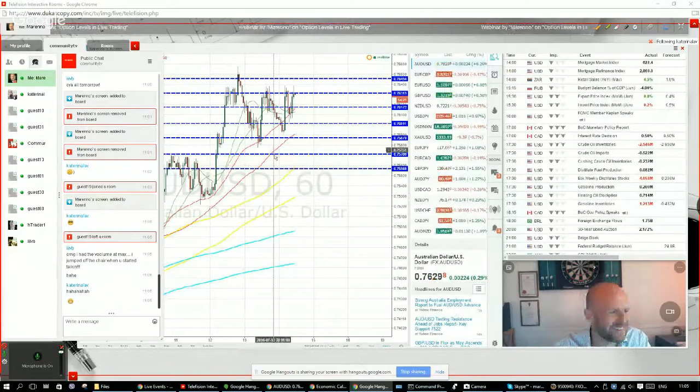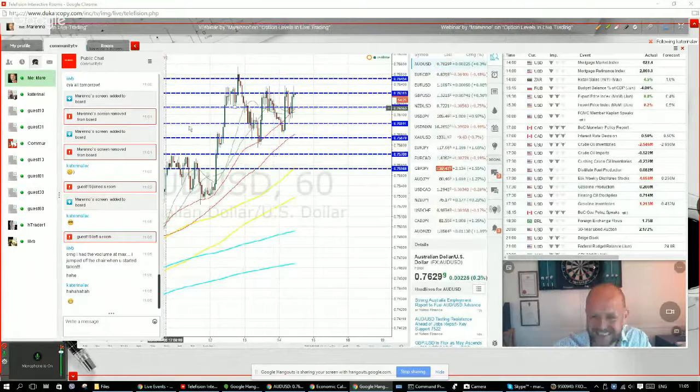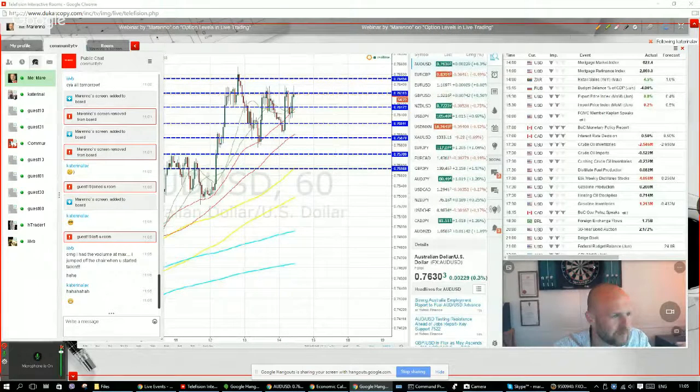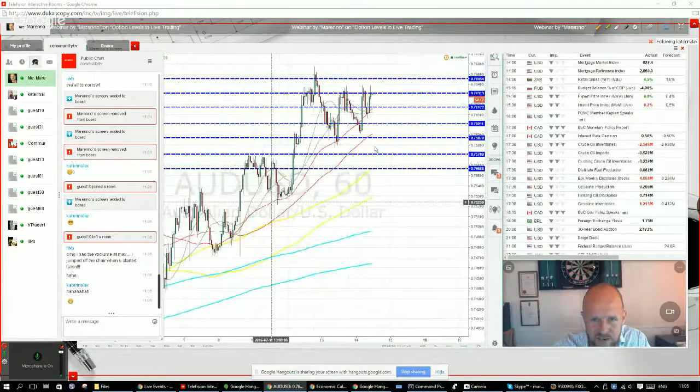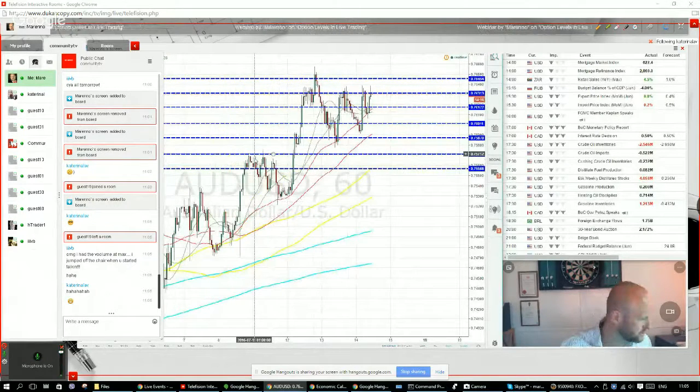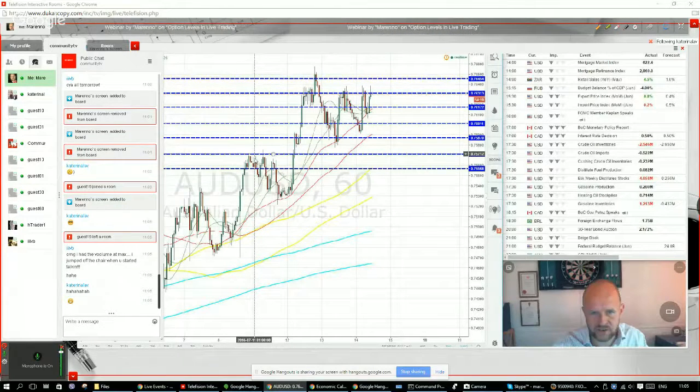All right. Okay, guys, so I will start with Aussie, as always. Aussie dollar. What the current price action is showing us is actually a continuation of bullish movement, by the way.